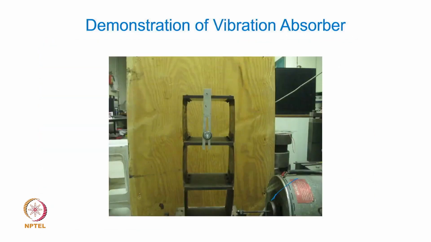So this is basically how vibration absorbers are to be designed to control vibrations. The basic philosophy is to design the parameters of the attached absorber system in a way that its natural frequency comes close to the natural frequency of the parent system.